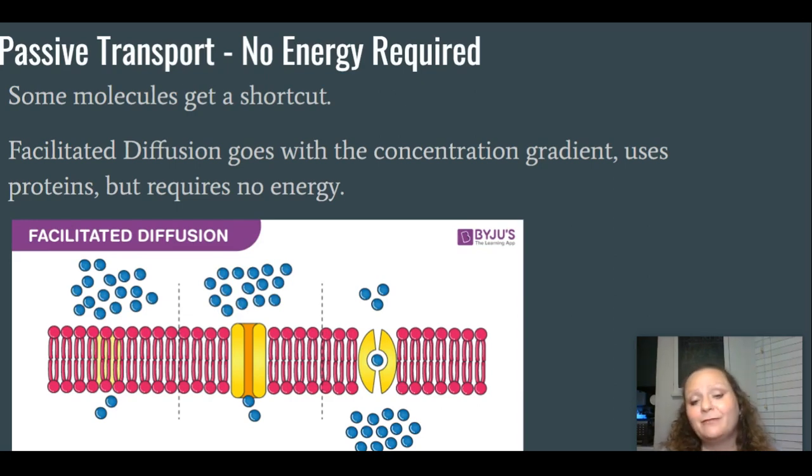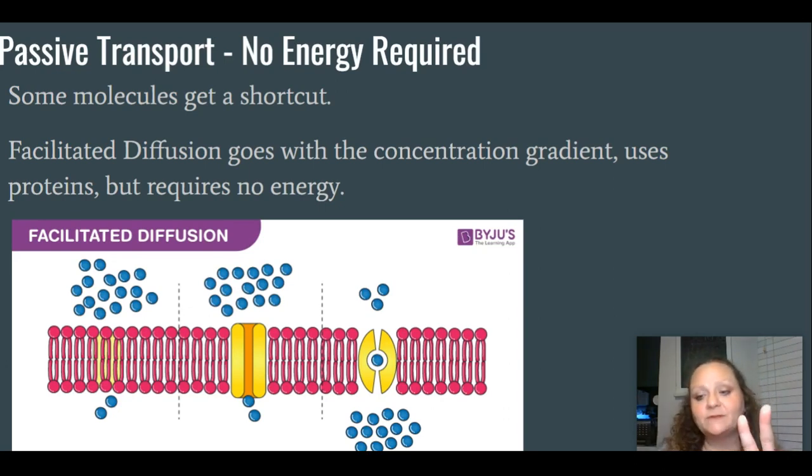Transport proteins, think of them like a straw, or even because we're talking about a gradient, and I've told you the gradient's like a ramp, think of it like a slide. The molecules are actually going to go down the slide, and that's going to take them from outside to inside, or vice versa, from inside to outside. But regardless, facilitated diffusion goes with the concentration gradient, does not need energy, even though it's using proteins.